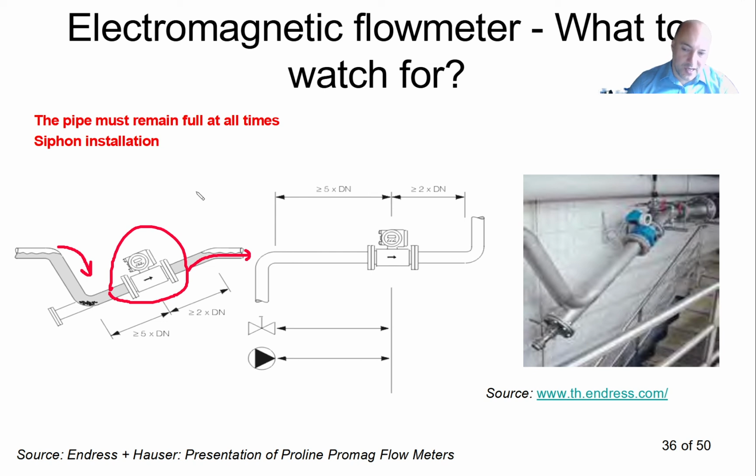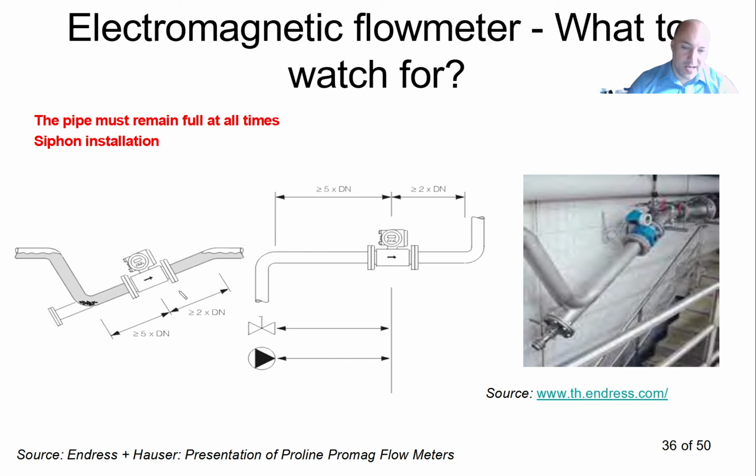So this installation makes sure that even though this pipe is not full, this section will be full at all times because of gravity, and all the eventual sediments will accumulate here and all the bubbles will escape upwards here and will not be inside of your flow meter.